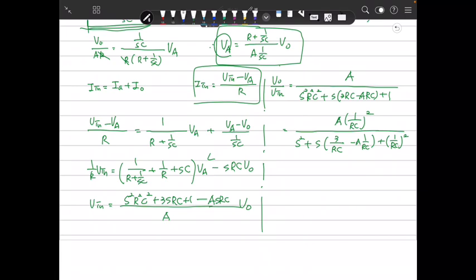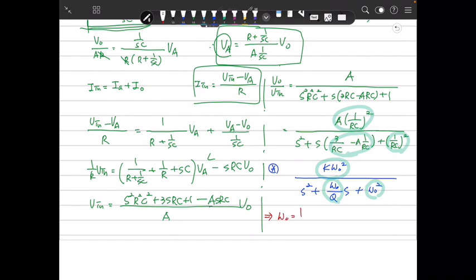So if we design the low-pass filter, what is the low-pass filter general form? That will be S squared plus omega 0 over Q S plus omega 0 squared, with K omega 0 squared. We match these two. So how can I do that?